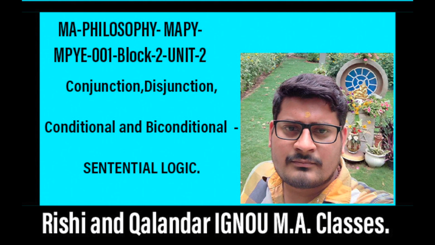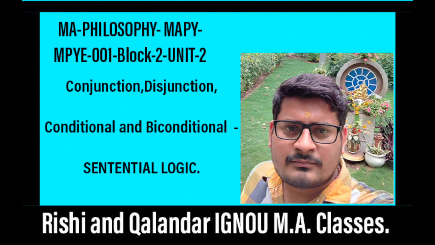Compare the truth values of columns 3 and 5 in each row. Since the values have remained the same, we conclude that P if and only if Q is logically equivalent to if P then Q and if Q then P.